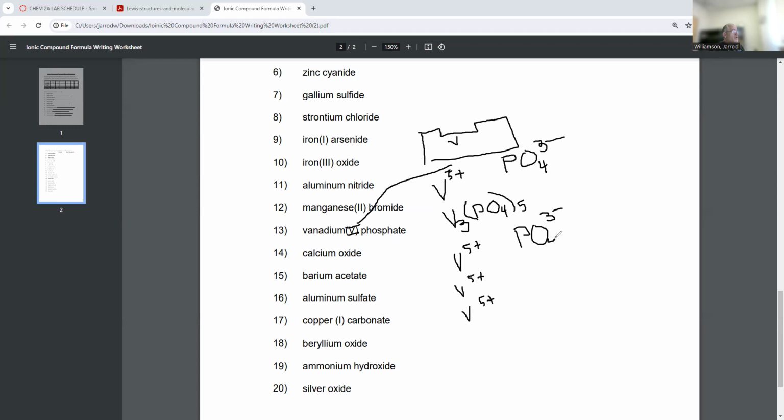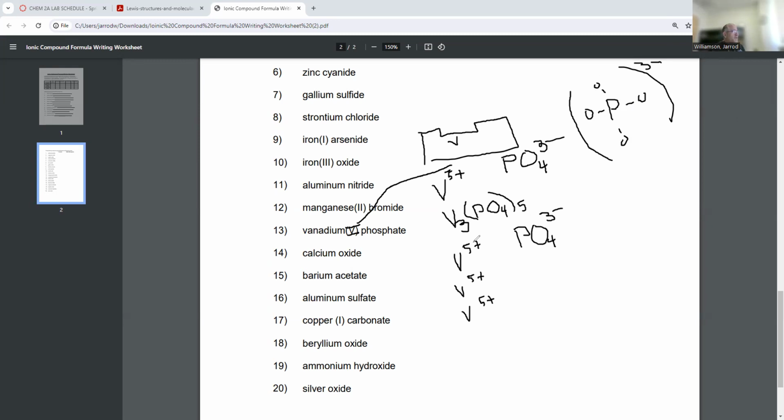I need a 4 down here. Remember, PO4, 3- means 1, 2, 3, 4 oxygens, and the whole thing has a 3- charge.